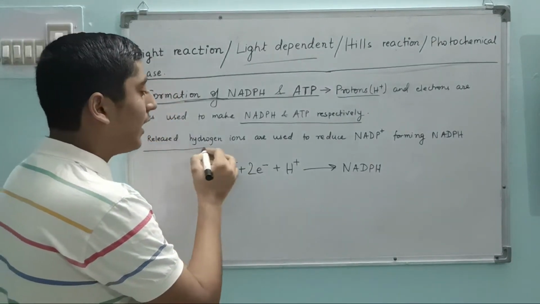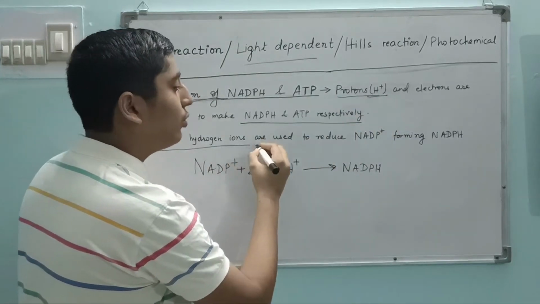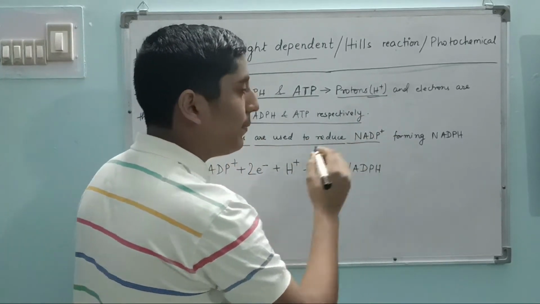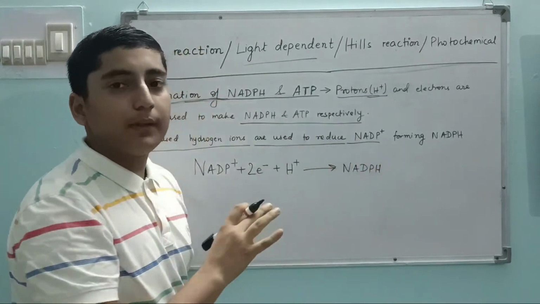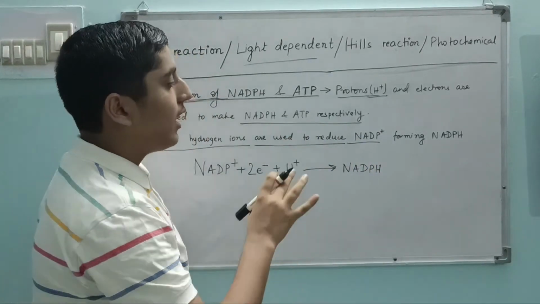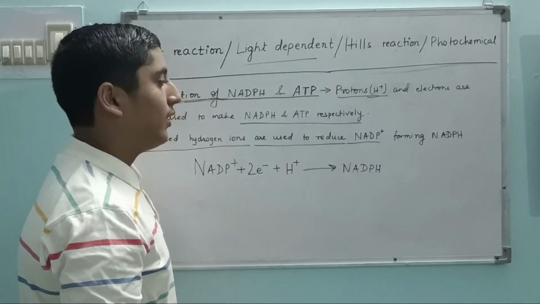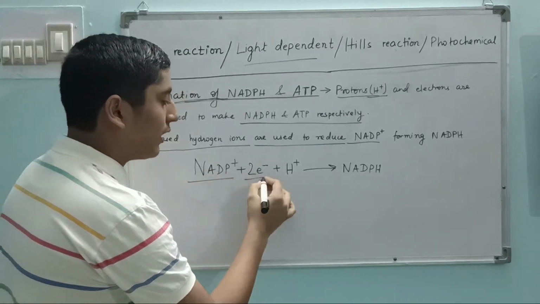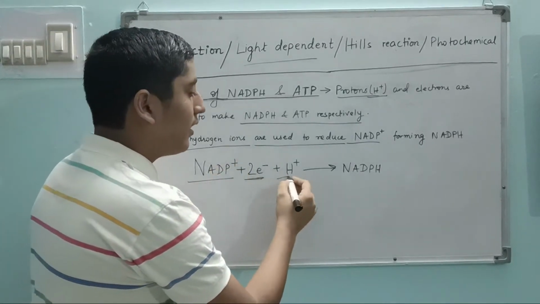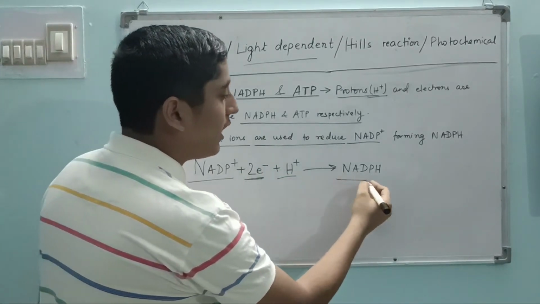The released hydrogen ions are used to reduce NADP+, forming NADPH. NADP+, which is present in the plant, is reduced by addition of hydrogen ions to it. So what is the reaction? NADP+ and 2 electrons are added and a hydrogen ion is added to form NADPH, which is the ultimate product of the light reaction.